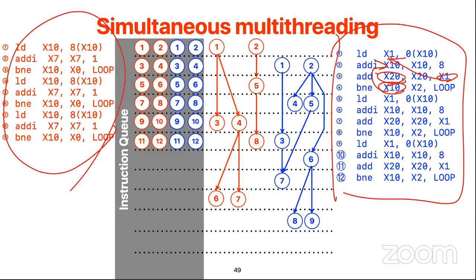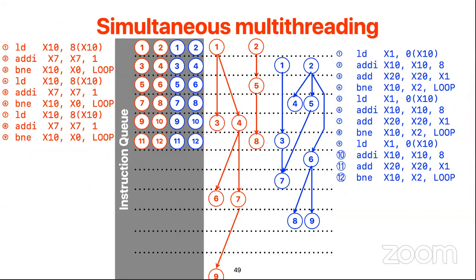So that's the power of simultaneous multithreading. The basic idea is that since one process would not be able to use all the resources you have, why don't we just share them with another process? That's the basic idea of simultaneous multithreading.